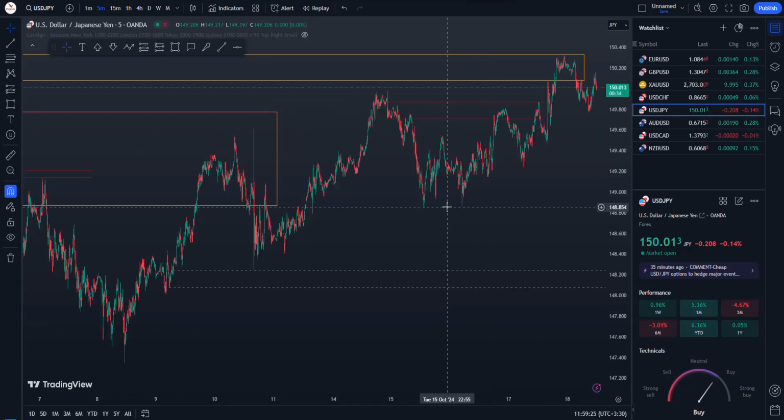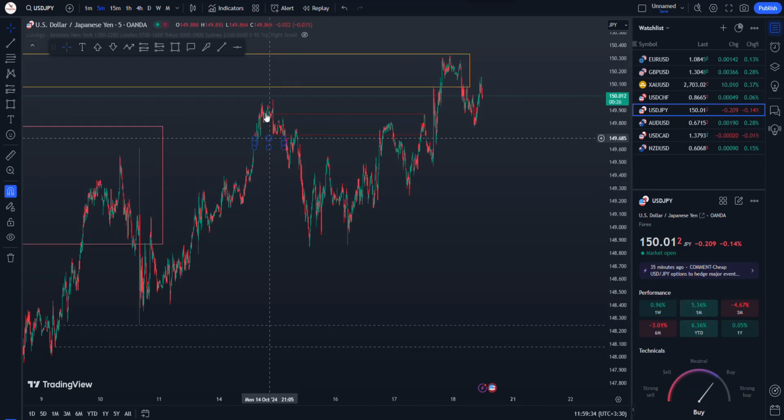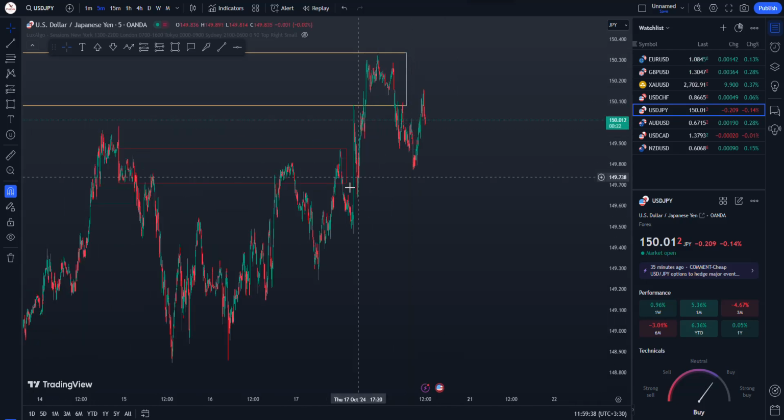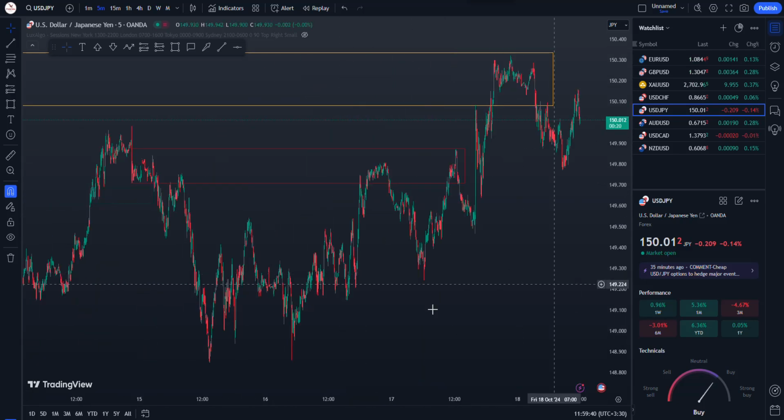This level reaches to that one, and this remains here as the last fake big level here, and this one is going to be the swap of that.